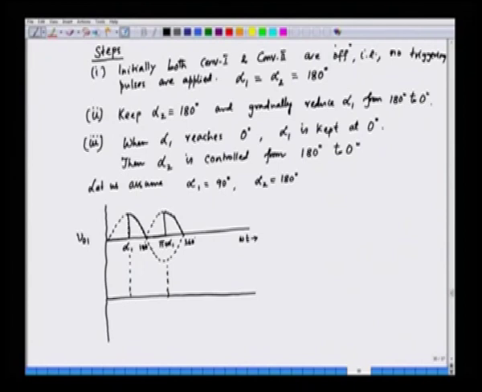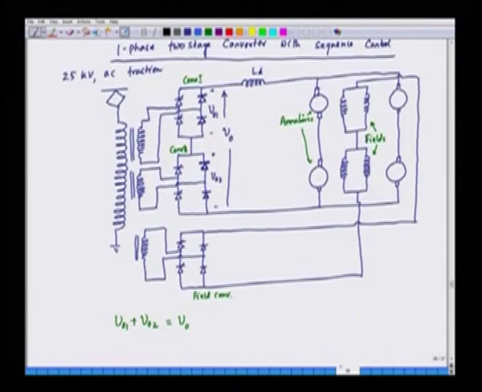And what about the current? The current here IS1 is the current drawn by the converter 1, this is IS1. Similarly, IS2 is the current drawn by converter 2. So, we are now controlling the fast converter.